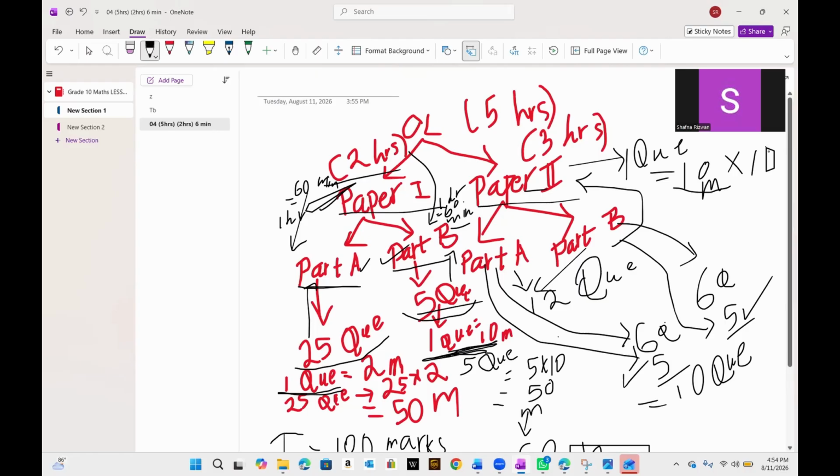When you have around 10 questions, then what will you do? You have to multiply 10 by 10. Then how much total marks can you get? You will get around 100 marks.